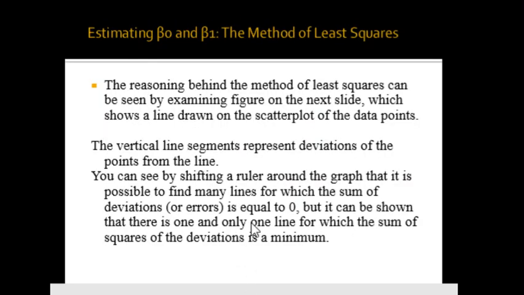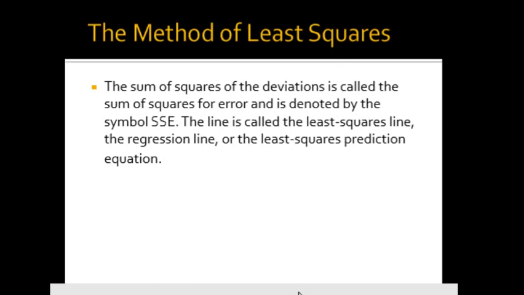If we try to fit such a line, there is one and only one line such that the sum of squares of the deviations is minimized. So based on this concept, we will fit the line. Now the sum of squares of these deviations has another name. We will now call it the sum of squares of error, or SSE.